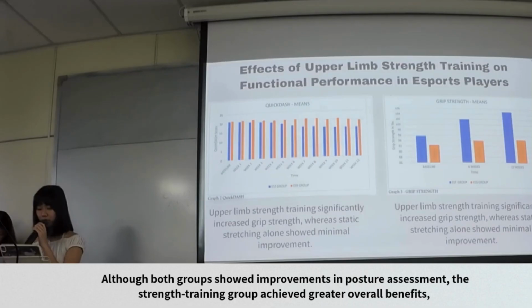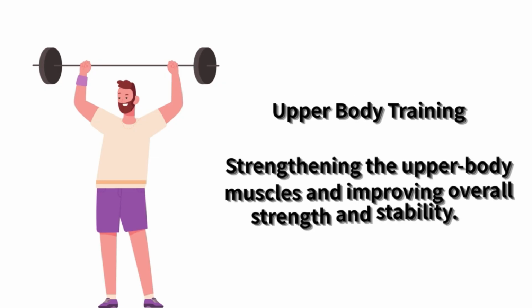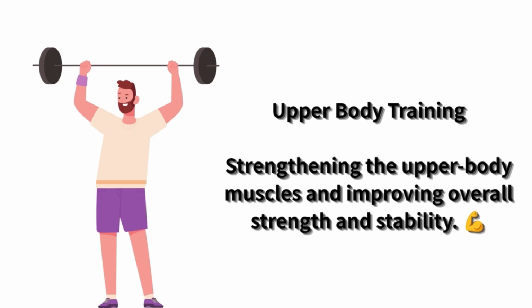Although both groups showed improvement in posture assessment, the strength training group achieved greater overall benefits, suggesting that strength training combined with ergonomic intervention is more effective for enhancing upper limb function and posture.